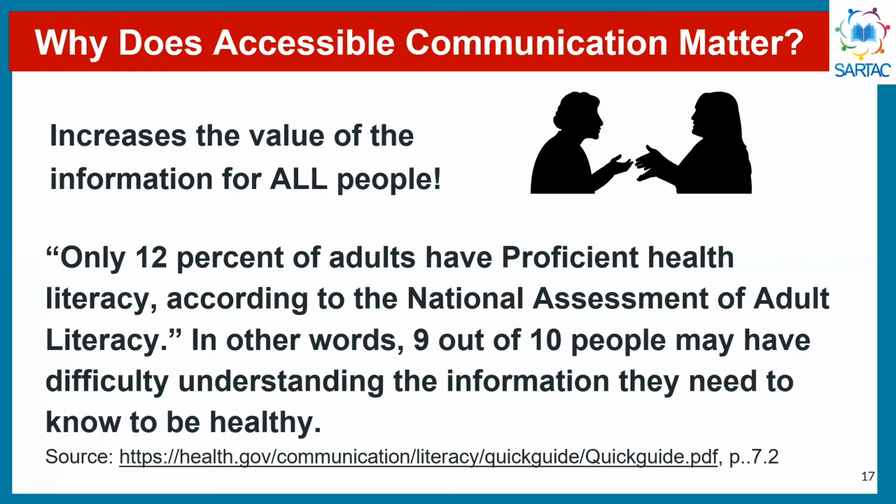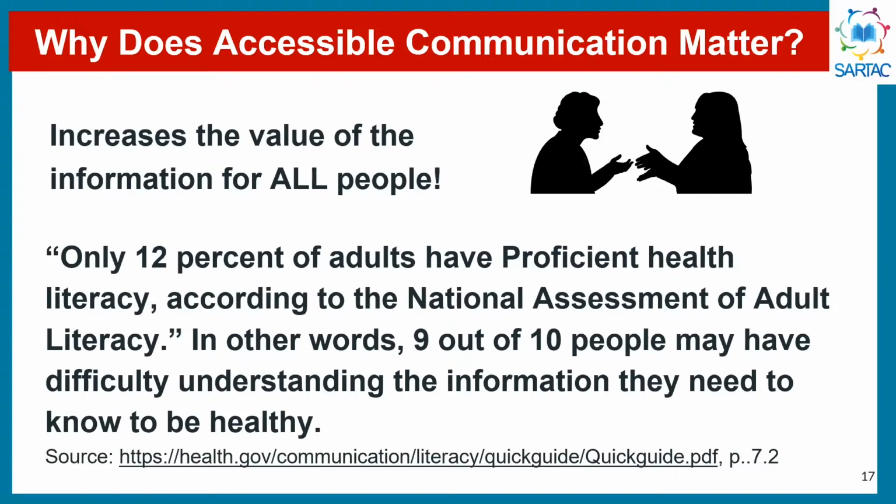For this slide, I just want to point out that the national people that do assessments around adult literacy have found that only 12% of the people in the United States have proficient ability to read and understand information about health. Really 9 out of 10 people in the United States have difficulty understanding information they need to know about being healthy.